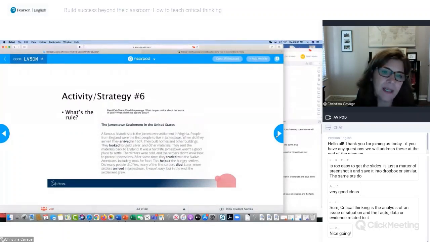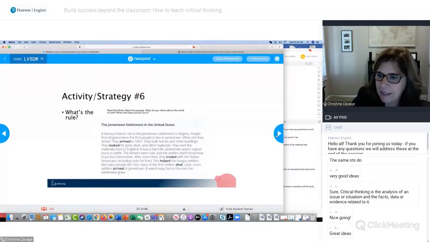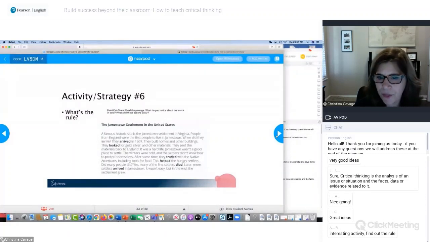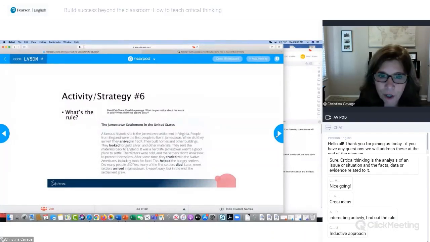Instead of me just standing in front of the class and saying, okay, if we have regular past tense, we're going to add an ED, in this case, students are going to deduce the rules. They're going to come up with the rules. And even the rules for things like arrive, when we end with an E. So when a student says, oh, well, we add ED to every verb, we can say, okay, well, what about arrive?